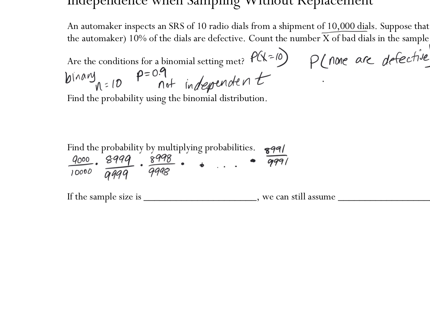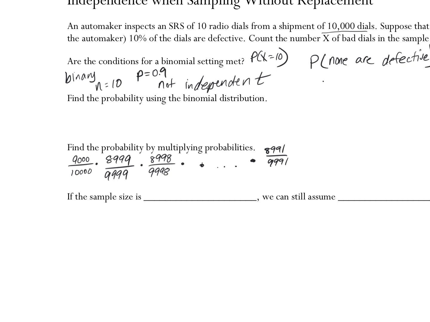Do you think that's still pretty darn close to 0.9? So while technically not independent, are we kind of okay with this? It's close enough, even though that probability of success has changed ever so slightly, we're still probably okay with it.